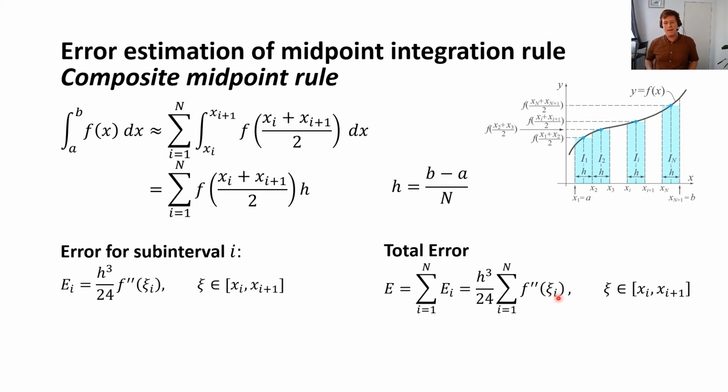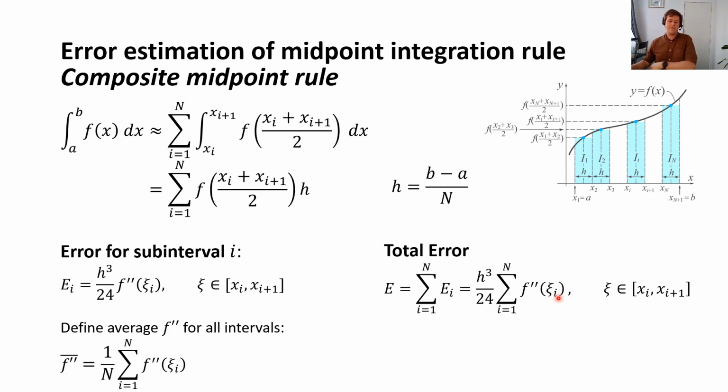So let's try to make this a bit more concrete. We can do so by defining an average second derivative for all those intervals. We define this average second derivative, f double prime bar, as the sum of all those second derivatives in those subintervals, divided by the total amount of intervals. That's the definition of an average.